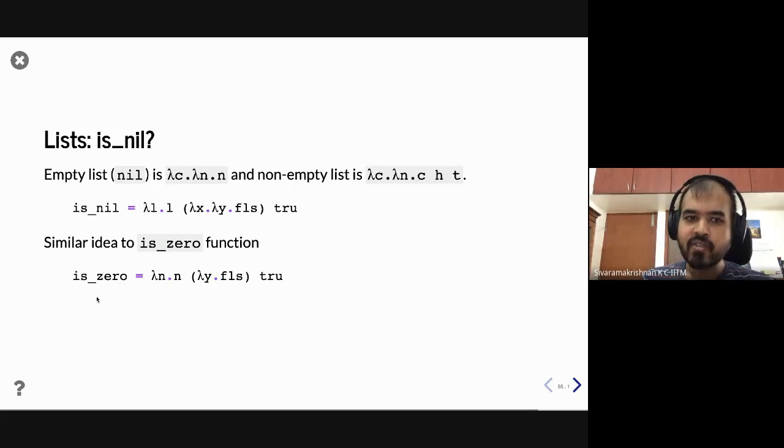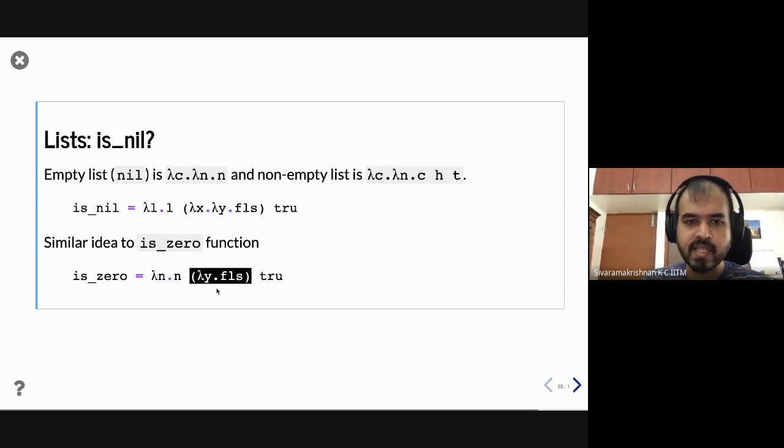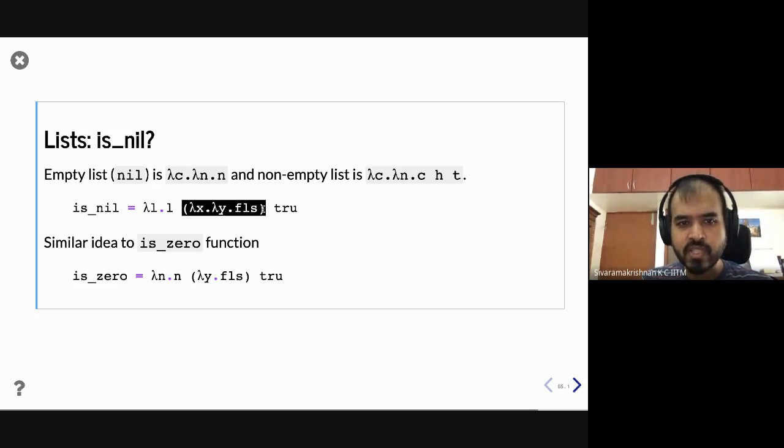So recall the definition of the is0 function. We defined it like this. It takes a number, and then we apply this function for the S position, which takes a y and always returns false, because if you find an S in the construction, then it is not 0. Otherwise, we return true. We do a very similar encoding here. So isNil takes a list L, and for the C position, we know that C takes 2 arguments.